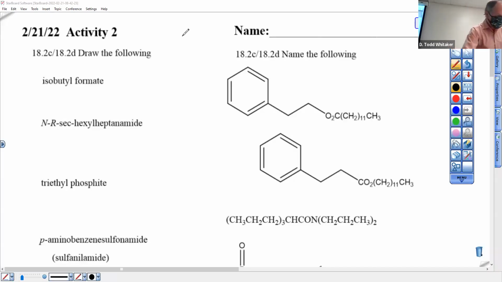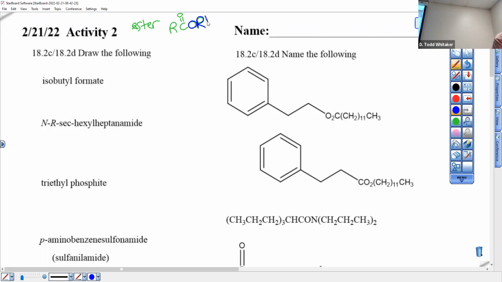Continuing our exploration of nomenclature of carboxylic acid derivatives, we're going to name esters and amides. Esters end with -ate. Esters, as we've seen many times, have a carbonyl, an O, an R prime.